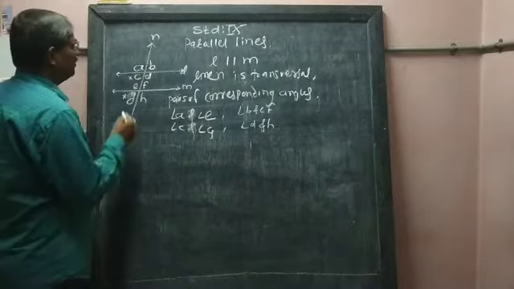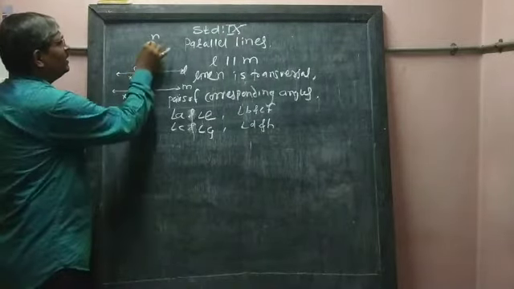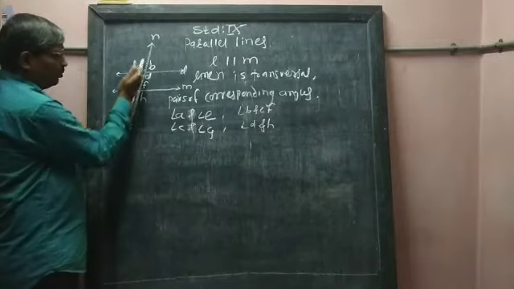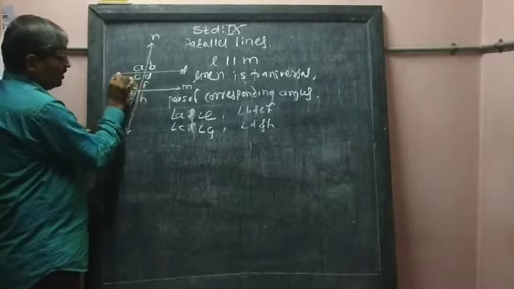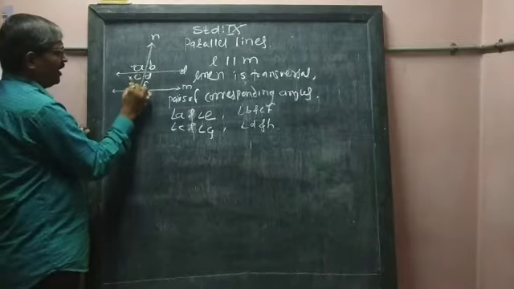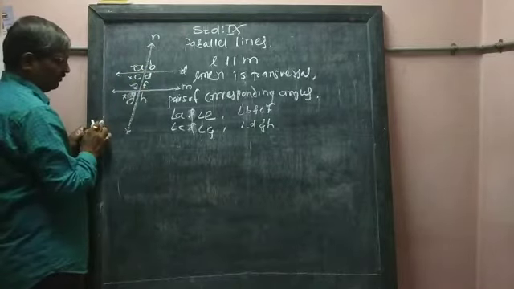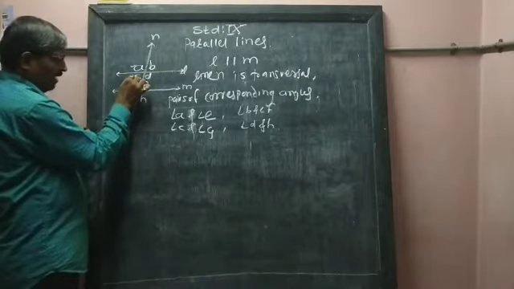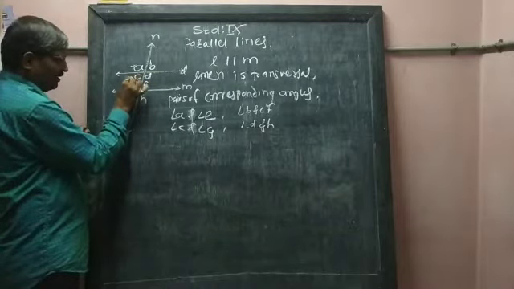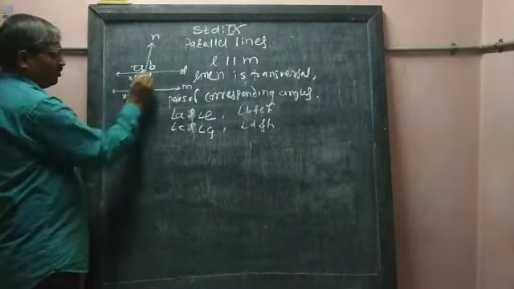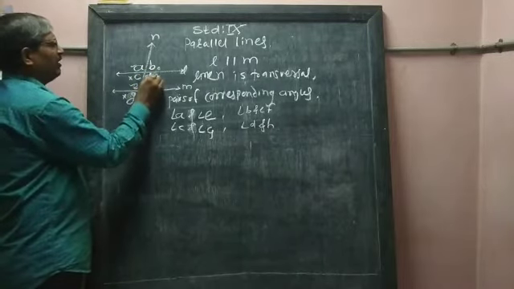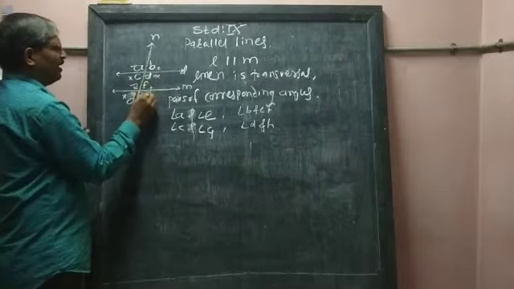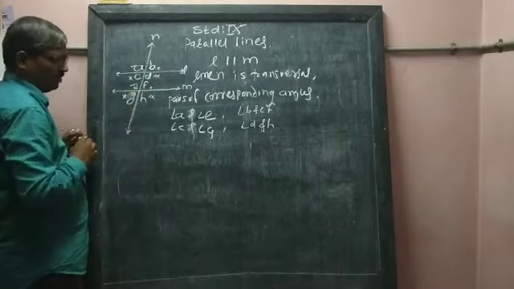Once again, check. This is the transversal. On the same side of the transversal, on the left hand side, just above the line, angle A and angle E are congruent. Below the line, angle C and angle G. Similarly, angle B and angle F, and angle D and angle H are congruent.